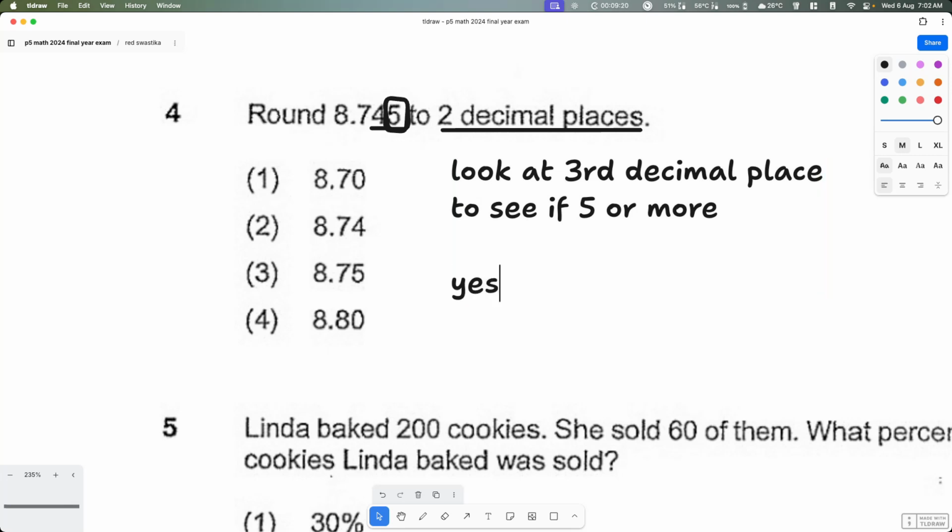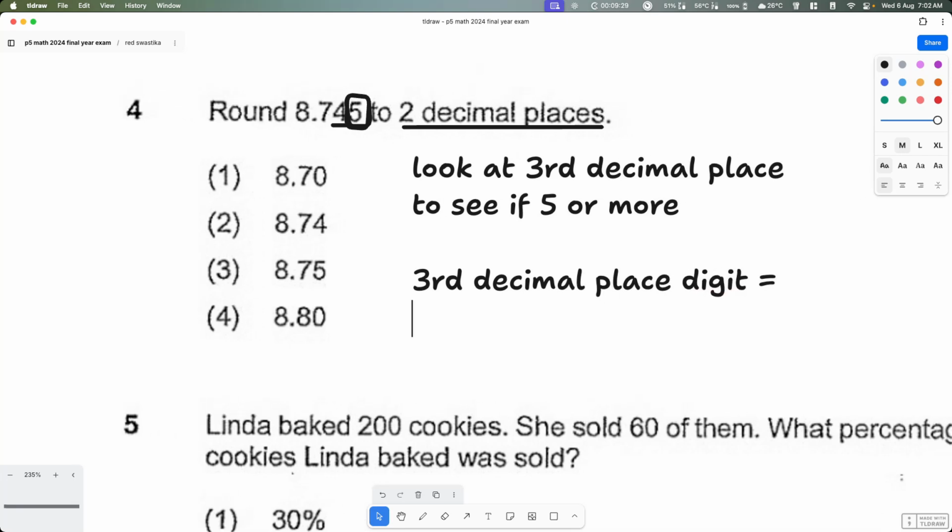So the third decimal place digit is 5, so we round up. In this case, the 4 is plus 1 over here. So we will round up to 8.75.